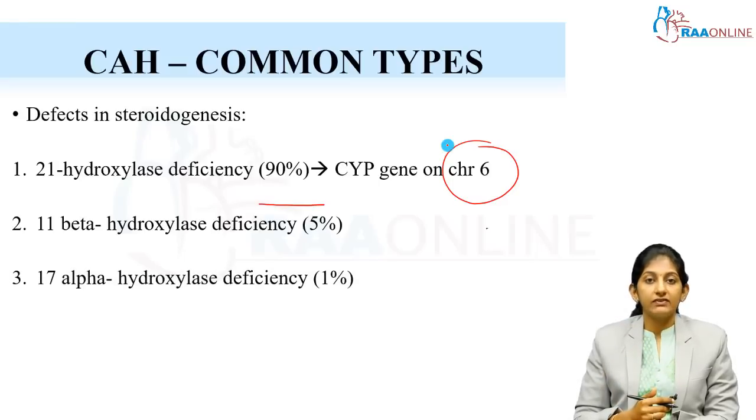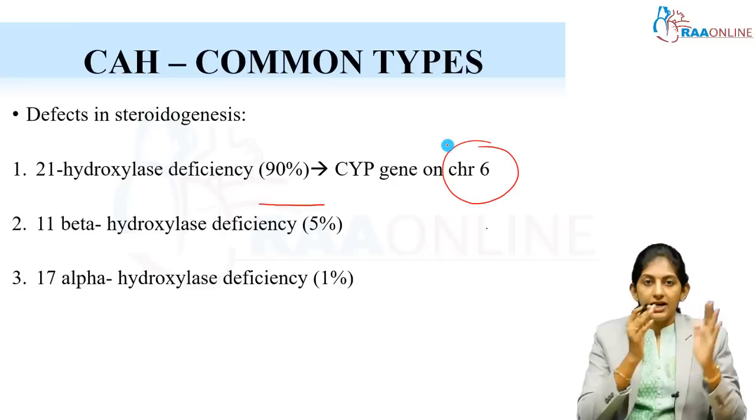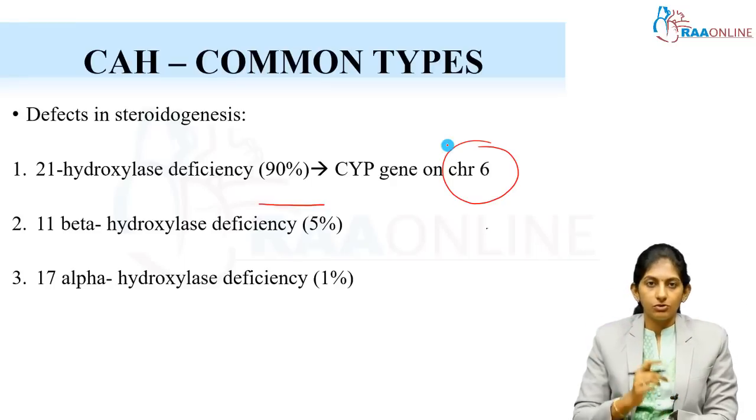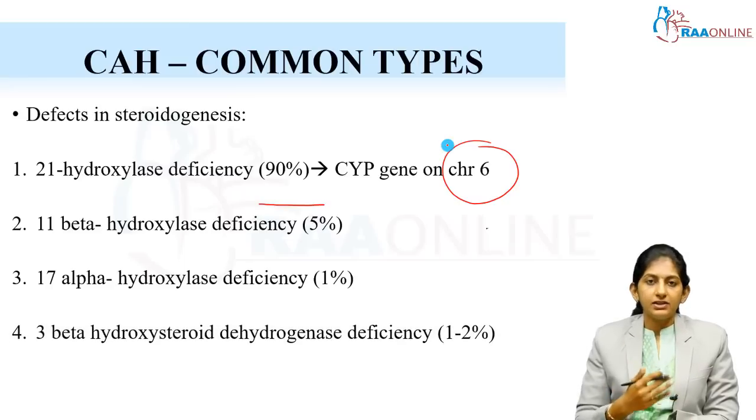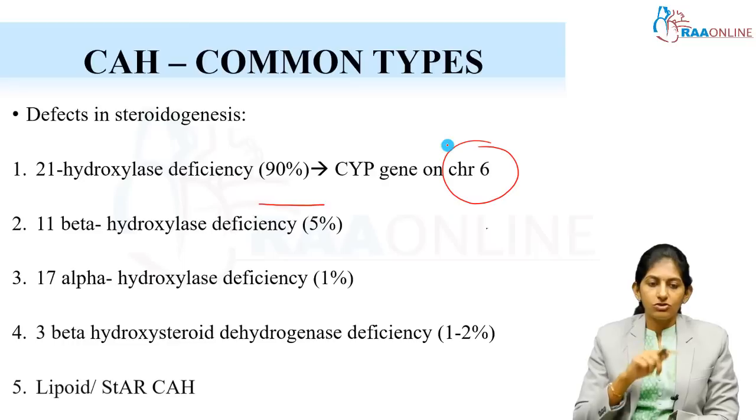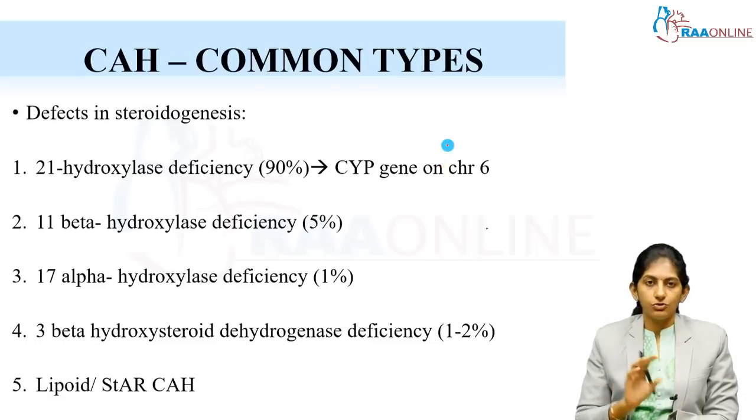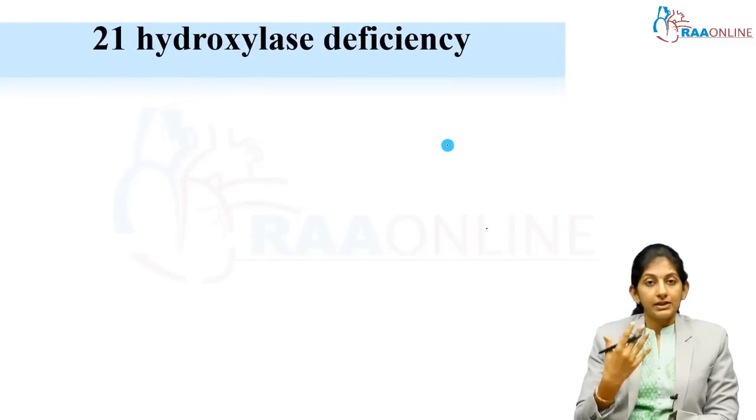Next is 17 alpha hydroxylase, which is in between the mineralocorticoid and the glucocorticoid pathway, and after that it will be 3 beta HSD, and finally because of some StAR abnormalities, steroid acute regulatory protein abnormalities can happen. So in this presentation, I am going to discuss the first 3 alone: 21 hydroxylase, 11 beta and 17 alpha. These are the most commonly asked, and you should know how to differentiate based upon the clinical presentation.